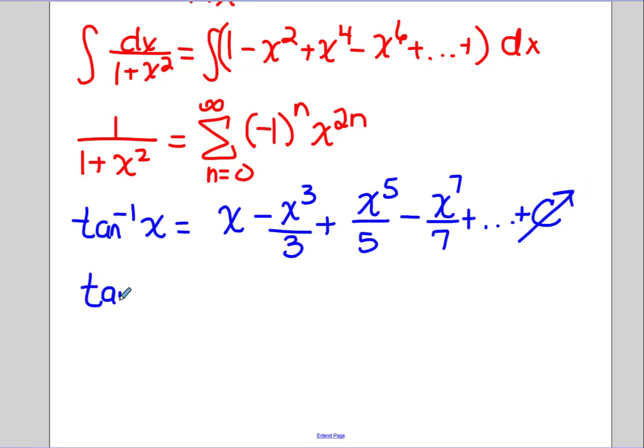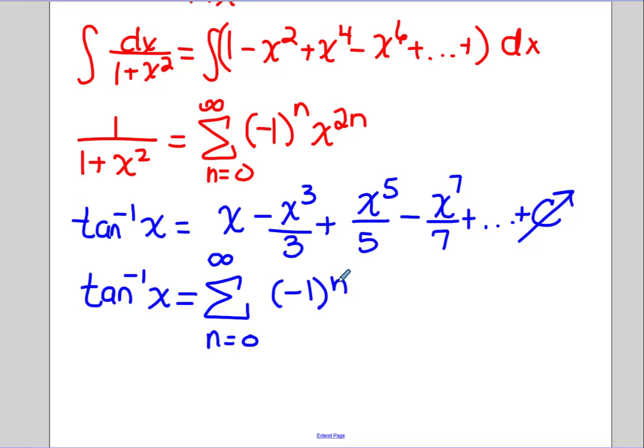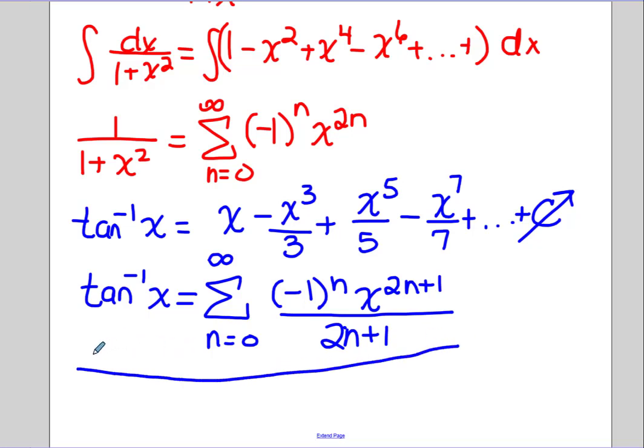So tan inverse can be expressed as a general summation formula from n equals 0 to infinity of negative 1 to the n, and then if we take the antiderivative of this, it would be x to the 2n plus 1 divided by 2n plus 1. So this is our power series representation for f of x. That's called or known as Gregory's formula.